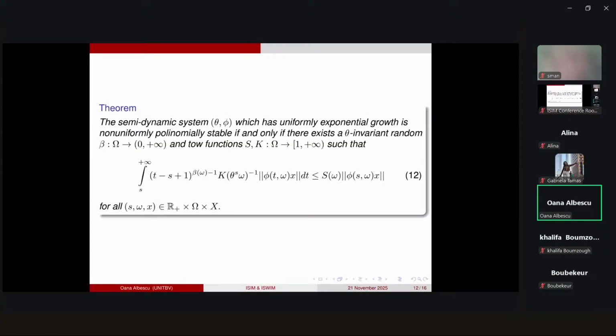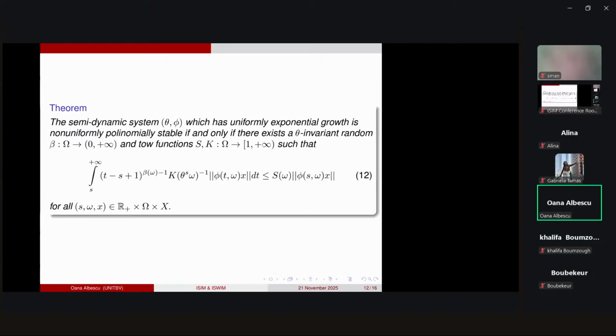This theorem says that such a system is non-uniformly polynomially stable if there exists a theta invariant random variable beta and two functions s and k such that the future behavior of the system can be controlled in a specific integral sense.